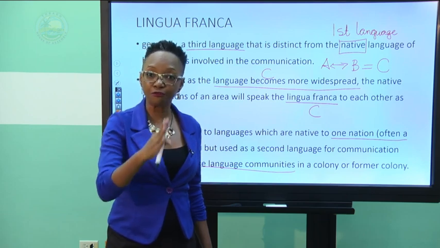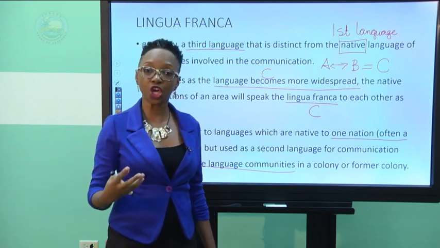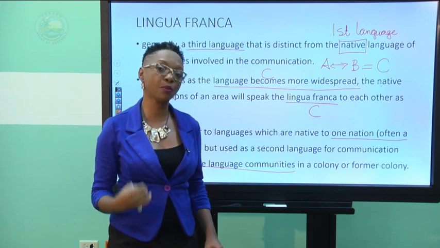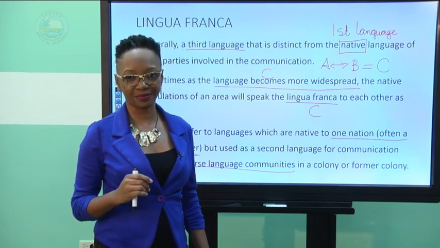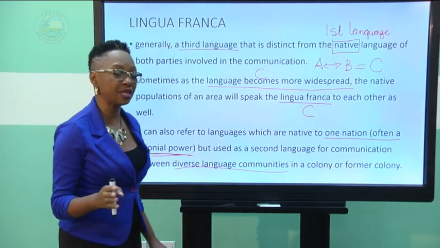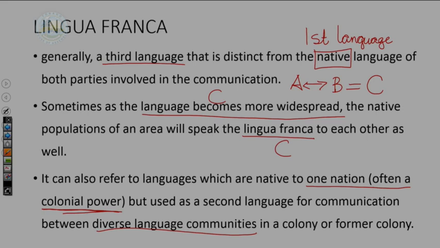There were different African languages within the continent. So when slaves came, all those slaves did not speak the same variety. So even when they came with diverse languages, the lingua franca became their second language. And that lingua franca would have been the language of the colonial power.